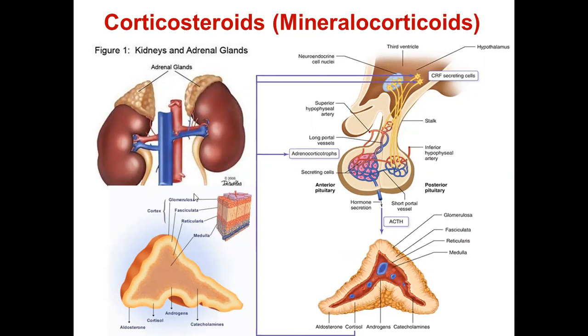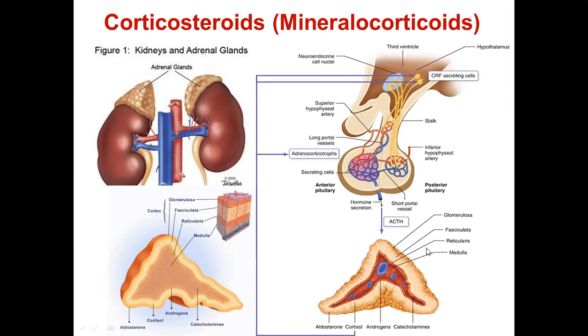The outer layer here has three layers: glomerulosa, fasciculata, and reticularis. Together we call them the cortex layer. And these three layers secrete aldosterone, cortisol, and androgen.